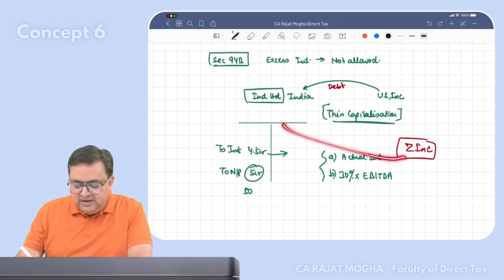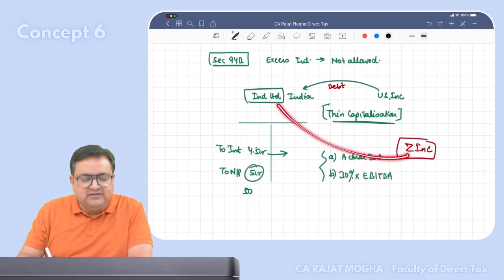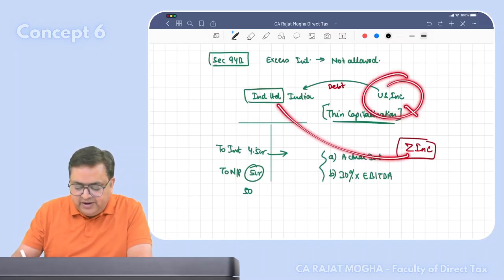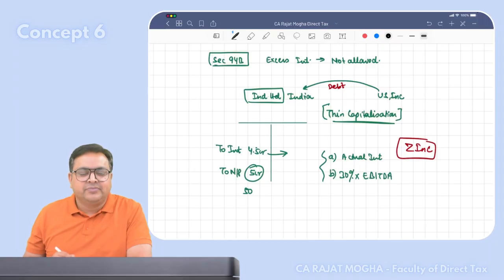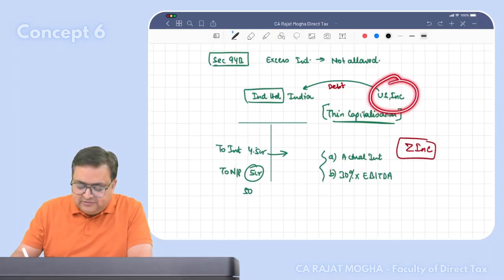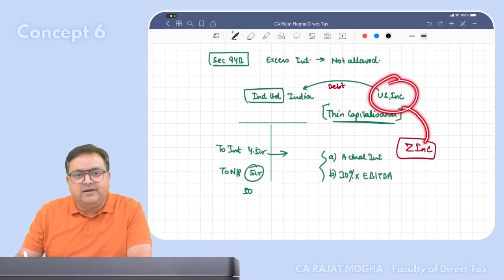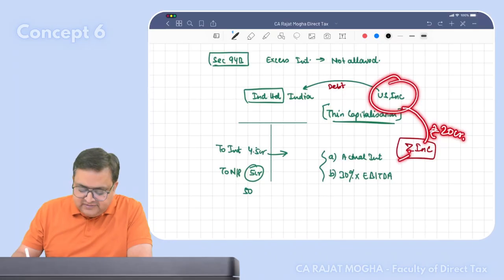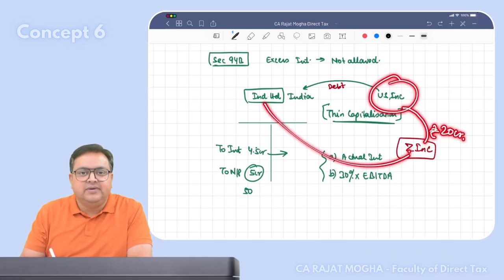How will they invest? Let's say ZINC is investing in India, and who is giving the guarantee to it? US Incorporation. Or let's say US Incorporation has deposited a similar amount here, for example 20 crores, and they are asking ZINC to give 20 crores to them as debt.